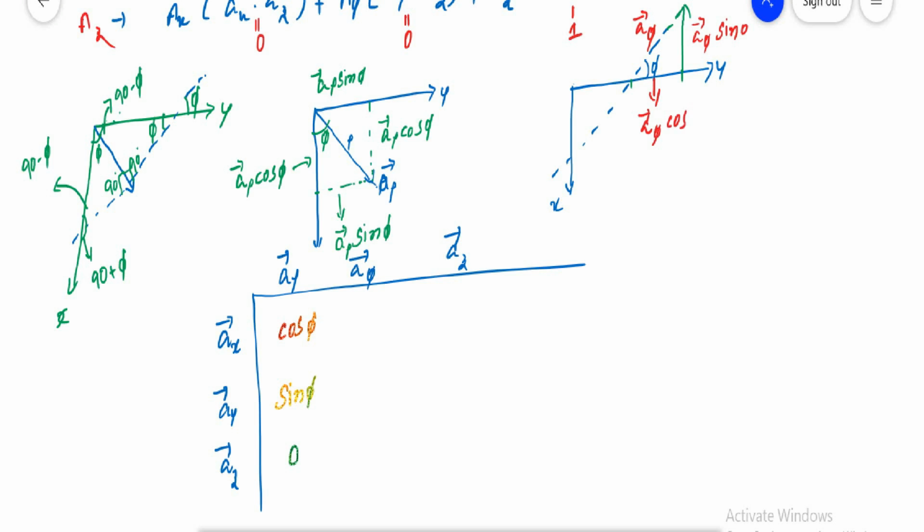But if you observe here, the projection is in the opposite direction. This is your x-axis, so the direction will be the opposite direction. So AX is equal to minus sin phi, that is, minus A phi sin phi. Next, what about your Y? AY is equal to cos phi.